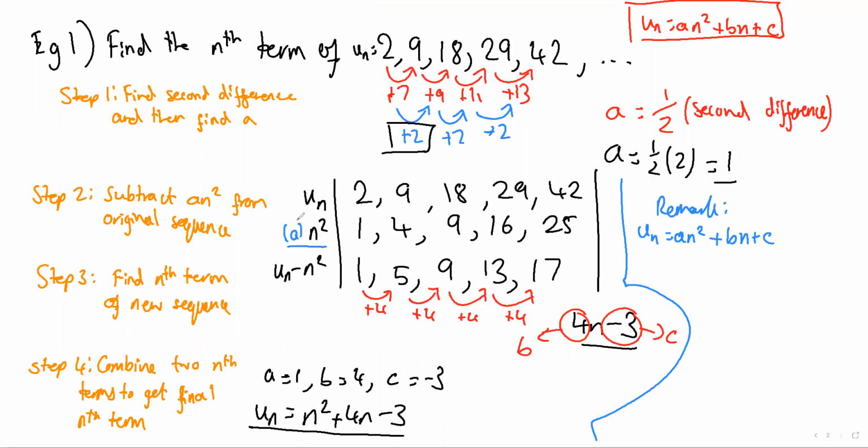So we get an squared plus bn plus c minus an squared. These two cancel out, and we just get bn plus c, and that obviously equals 4n minus 3. So these values are equal, and that's how it works.